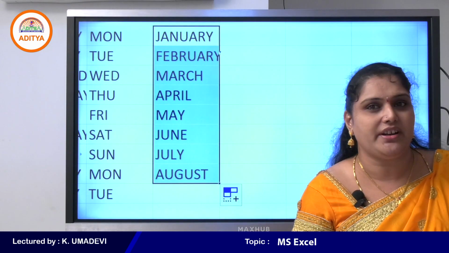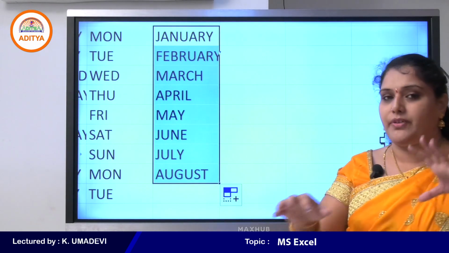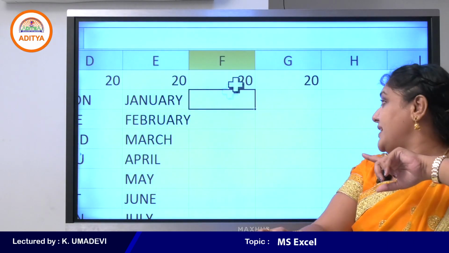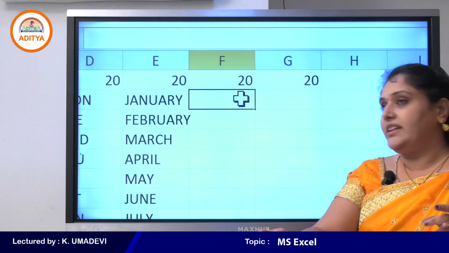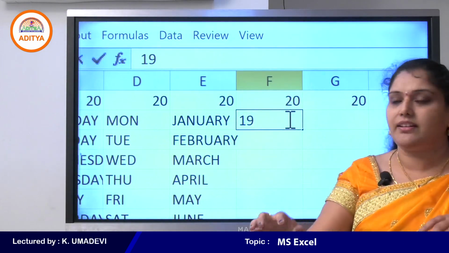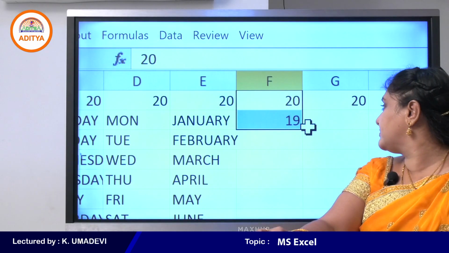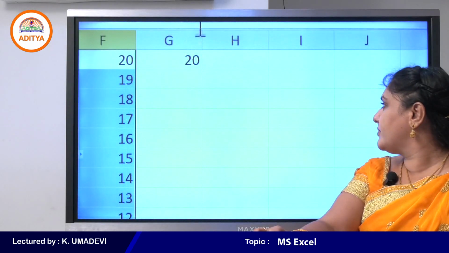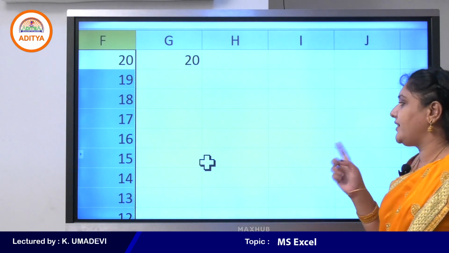Do you understand, students? See, if you want to fill the series in decrement order, for example here, the first number is 20, okay, the 20 is already available in the first cell. Here I will enter 19, students, 19. Select the two cells. Okay, so now the series is 20, 19, 18, 17.